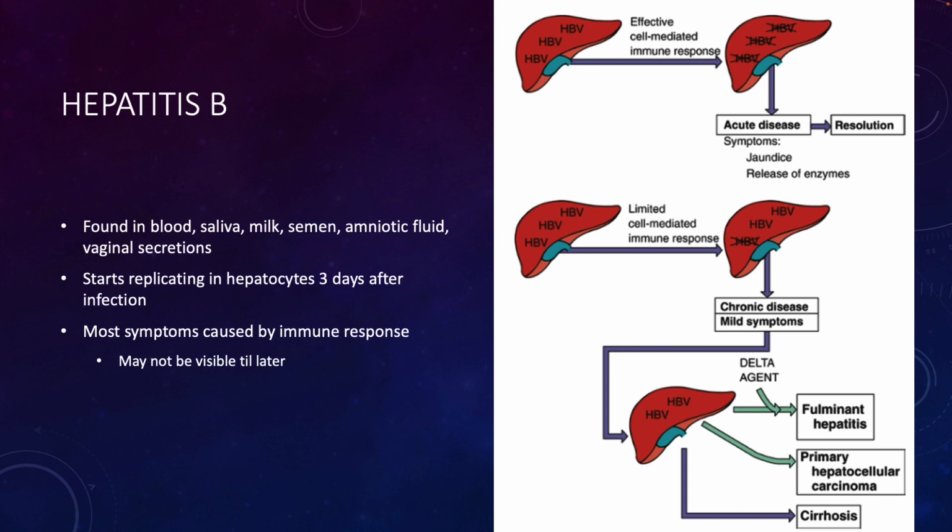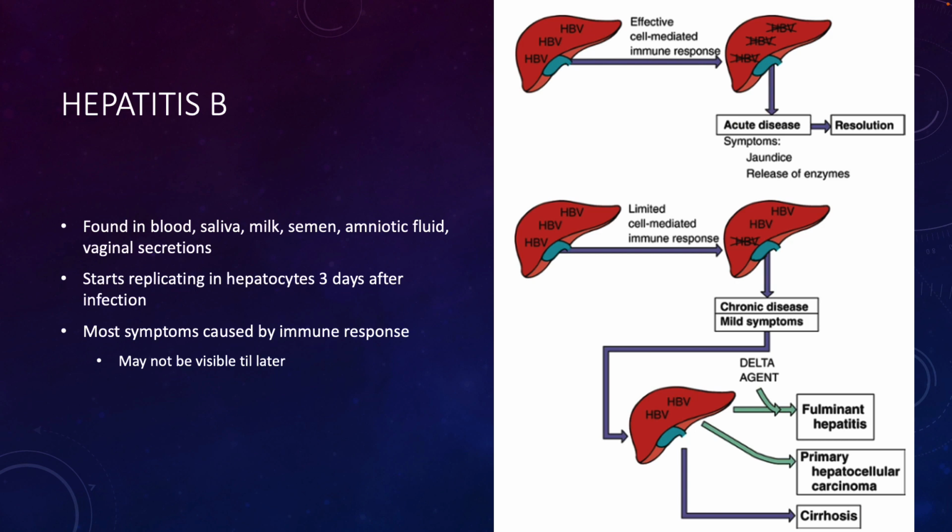The hepatitis B virus can be found in a number of various bodily fluids. They are listed here. And so what happens when a patient is exposed to hepatitis B is that the virus will get into the body, and within 3 days or so, you're going to get replication of the virus inside the liver cells.